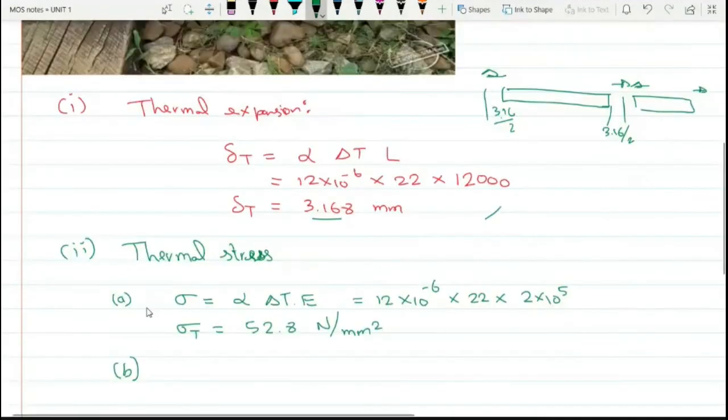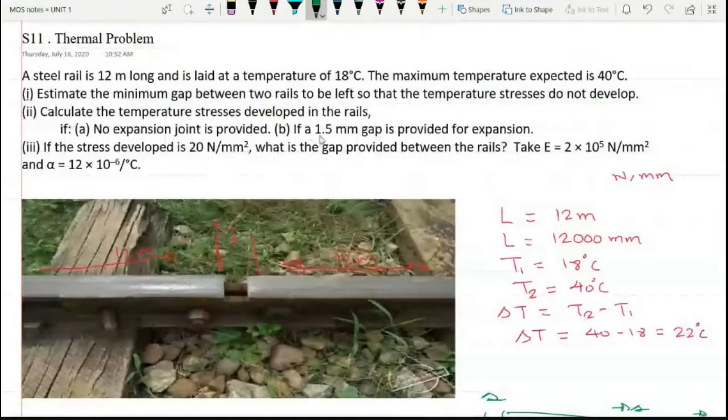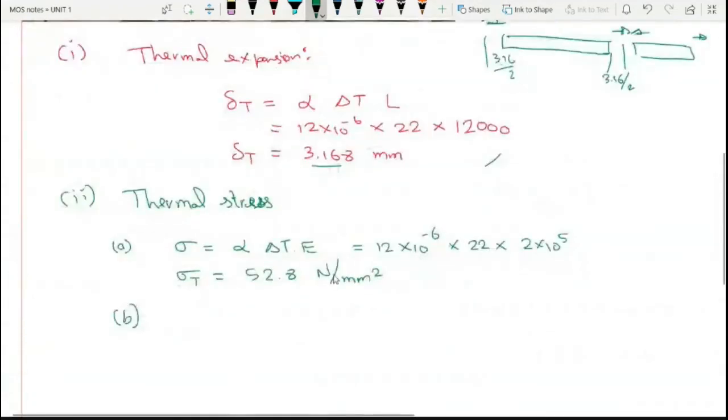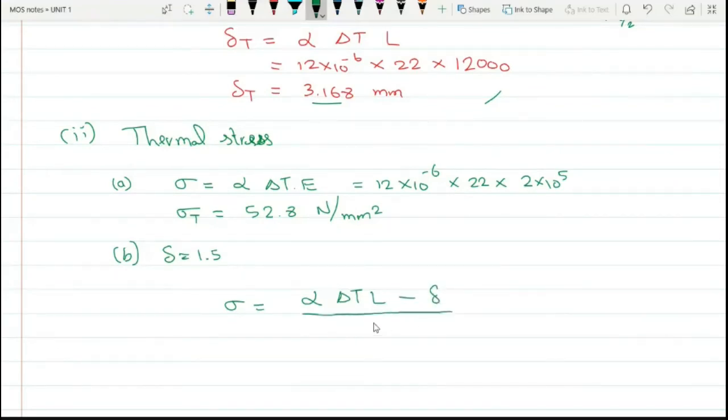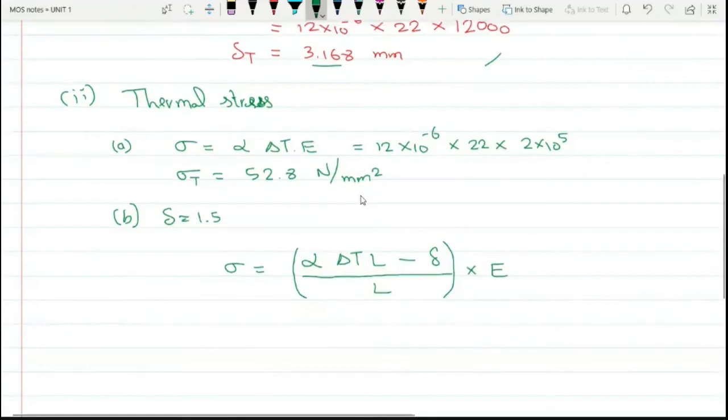Second one, so they are asking if there is a 1 or 1.5 mm gap, what will be the thermal stress? Which is the given yield value, del is equal to 1.5. This is with yield. So what will be my formula? Stress is equal to alpha del T L minus that yield divided by L, right? This into E. So this is the formula.